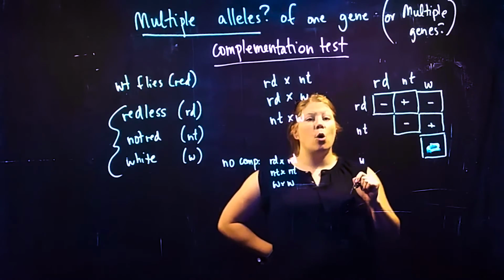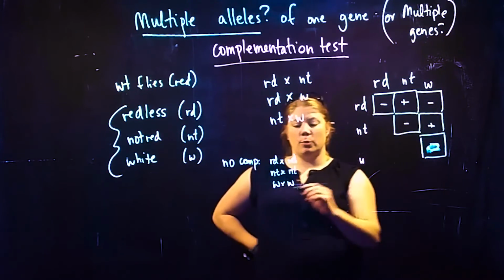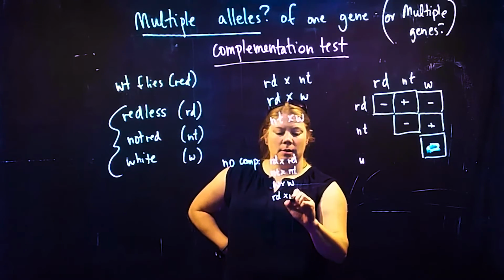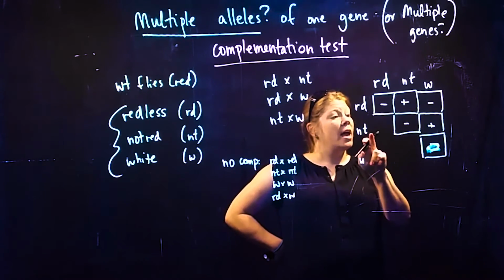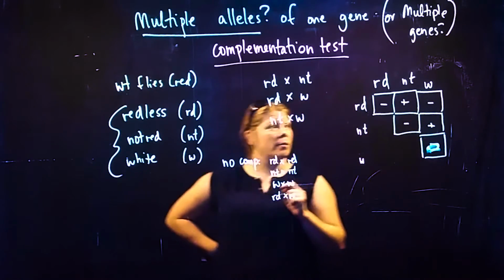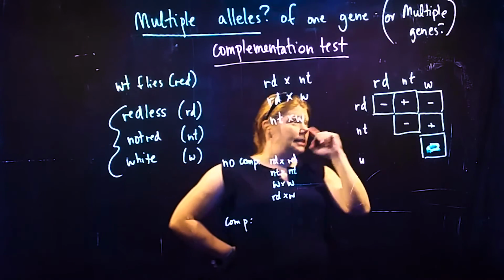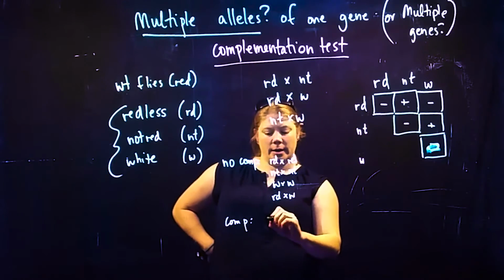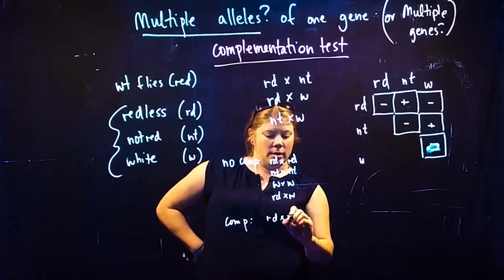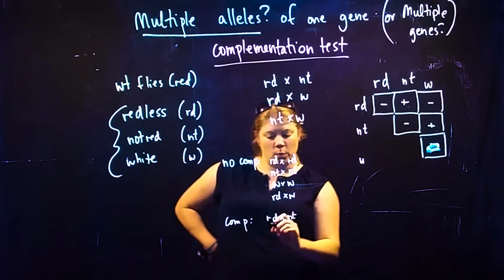We also see no complementation when we cross redless times white. And is that the only other time? Yes, that's the only other time we have no complementation. And we do have complementation when we see redless times not red, and not red times white.